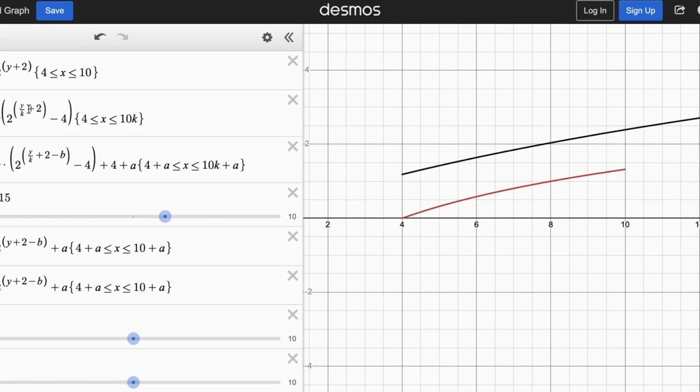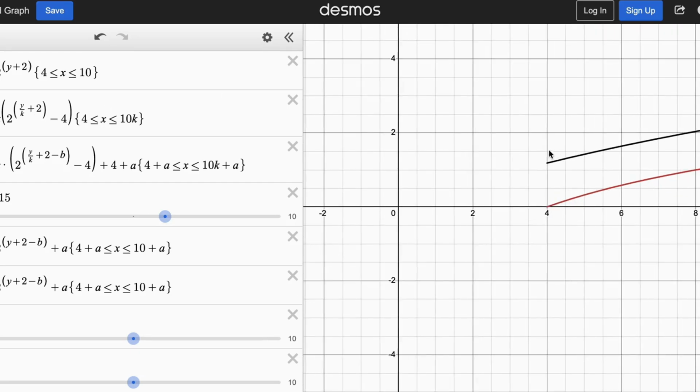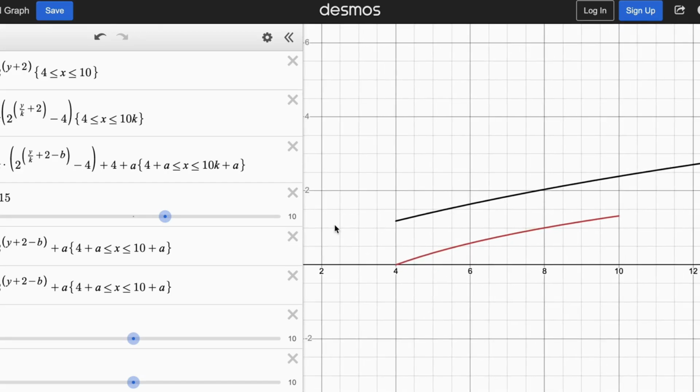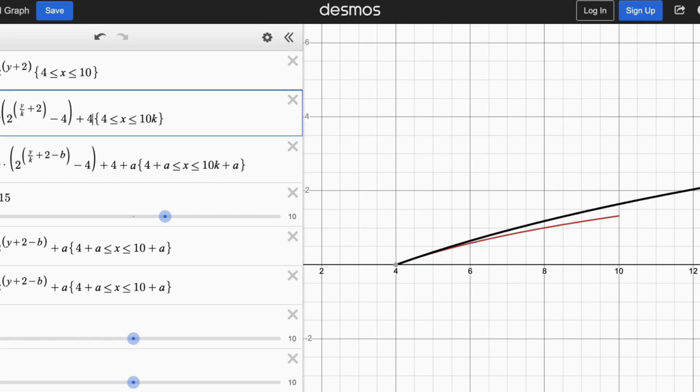So 2 squared is 4, and then 4 minus 4 is 0, and k times 0 is 0. So actually, the origin becomes 0, 0. But that is not what we want. We want it to start at 4. So we're going to add on 4 so that when y is equal to 0, x is equal to 4. And this is why we get this beautiful graph over here.